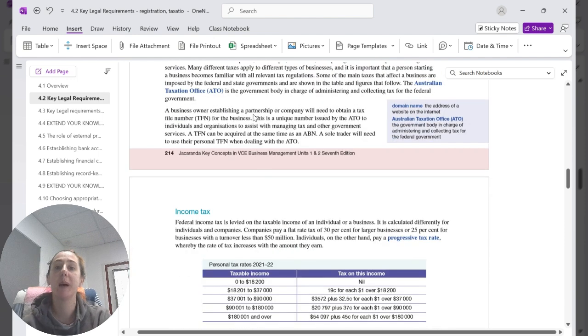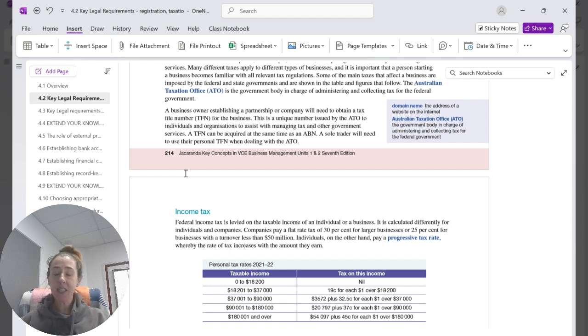It's a unique number that comes from the ATO to either an individual or an organisation, so that it can help with managing tax and other government services. You can get one at the same time that you get your ABN, your Australian business number.